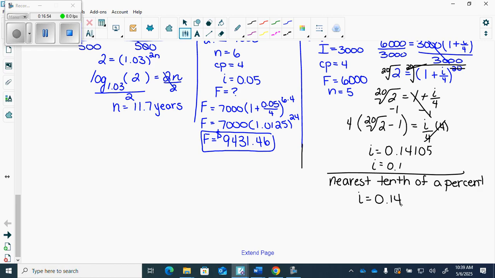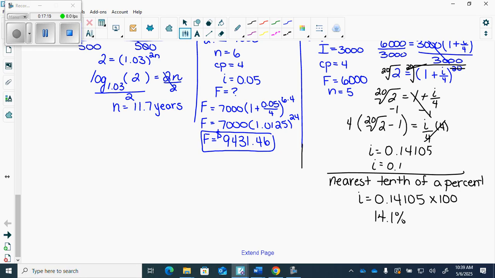Change it to percent. How do I do that? Times it by 100. So I'm going to get 14.1%. Very different answers depending on what they ask you for. If they just want the interest rate to the nearest tenth, you just nearest tenth it. If they want it as a percent, you times it by 100 then. Okay?